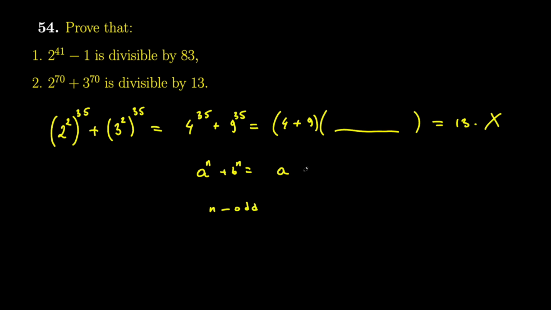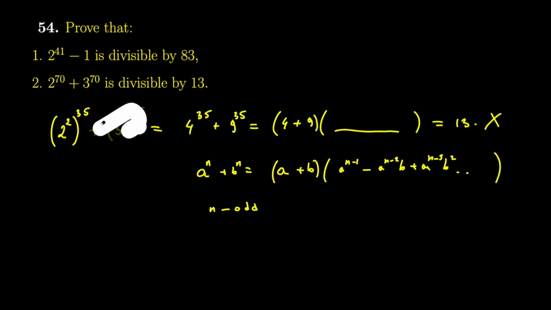Remember the a cubed plus b cubed formula. It can be rewritten as a plus b times a to the n minus 1 minus a to the n minus 2 b plus a to the n minus 3 b squared and so on. The idea is the first term: 4 plus 9 is 13. So this entire expression is 13 multiplied by some number, which means it is divisible by 13.